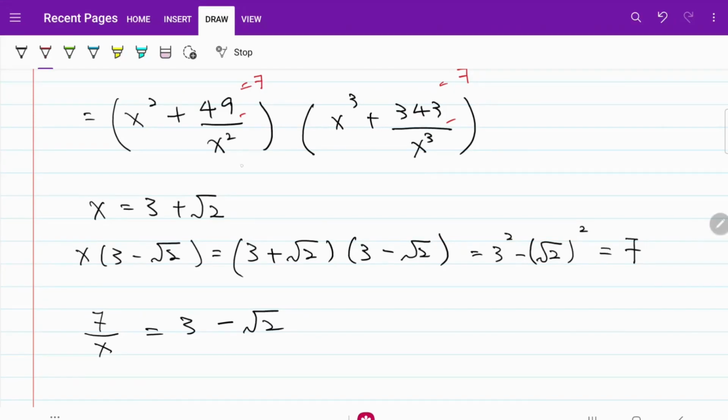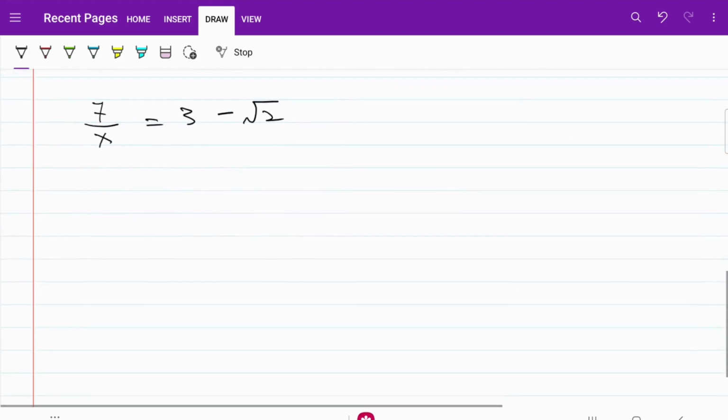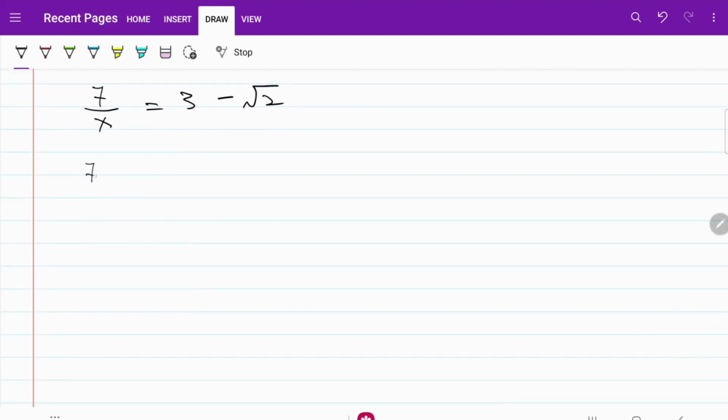If I take a look at what I have in these two brackets, they are both in the form of x plus a number over x. So let me try to move things in that direction. I'm going to do 7 over x plus x, which is equal to 3 minus square root of 2 plus our original value of x, which is 3 plus square root of 2.